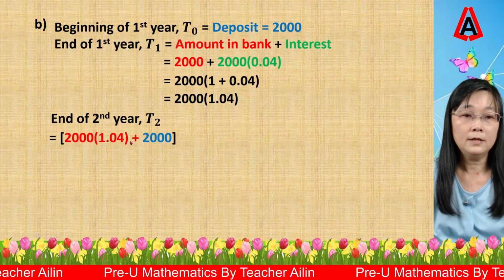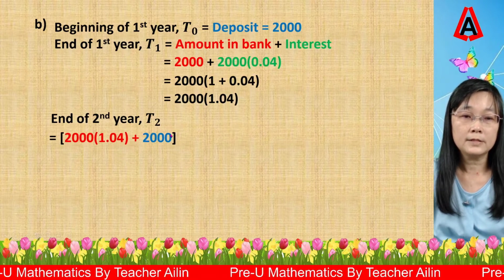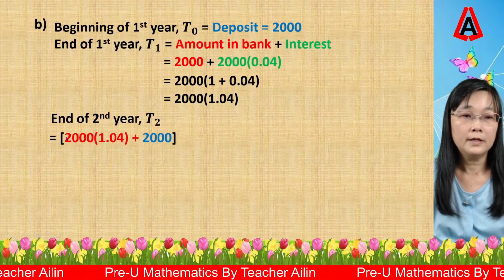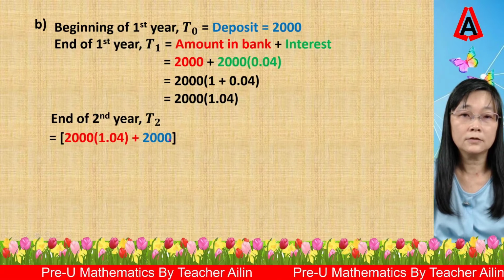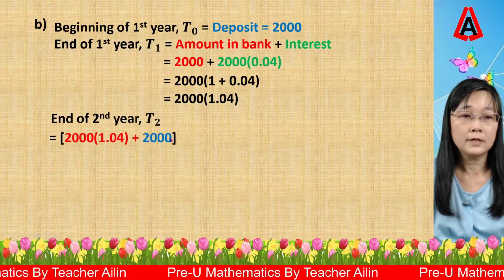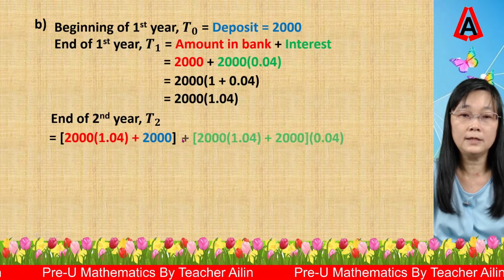Then at the beginning of the second year, Mr. Tan will deposit another 2,000. So in the second year, the total amount of money in the bank is this one. Then up to the end of the second year, Mr. Tan receives the interest.